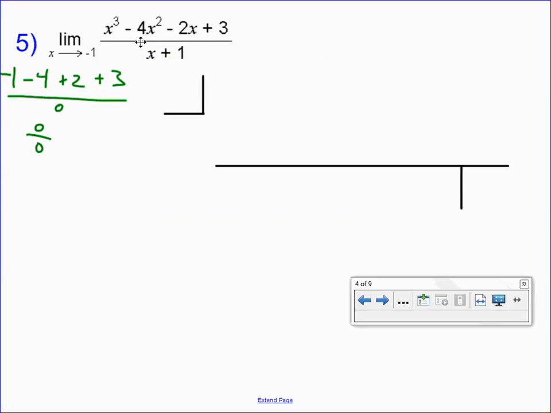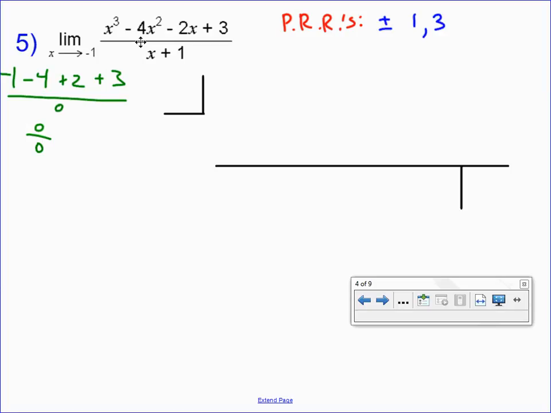We'll consider our potential rational roots. If I look at this numerator here, my potential rational roots include the positive and negative quotient of the factors of the last divided by the factors of the first. So the factors of my last are plus and minus 1 and 3 divided by my factors of the first.